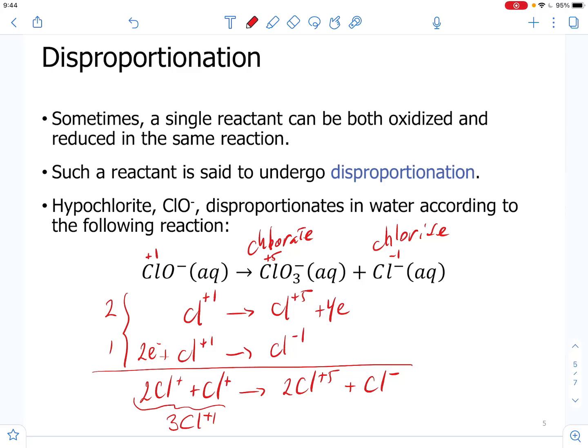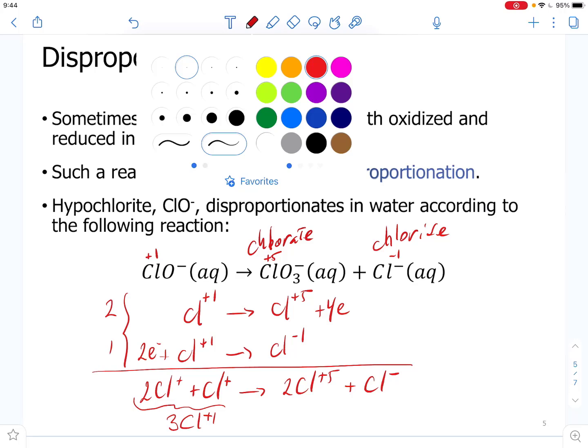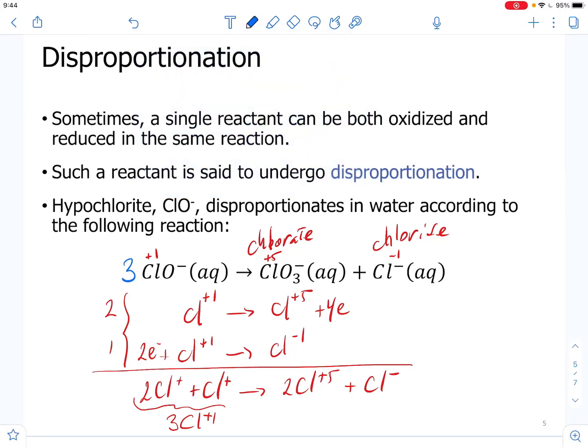So you put a 3 here. You end up with 3 for hypochlorite, with 2 for chlorate, and then these just stay at 1. And that is your balanced equation. So in this case, the chlorine +1 is the reducing agent and the oxidizing agent at the same time.